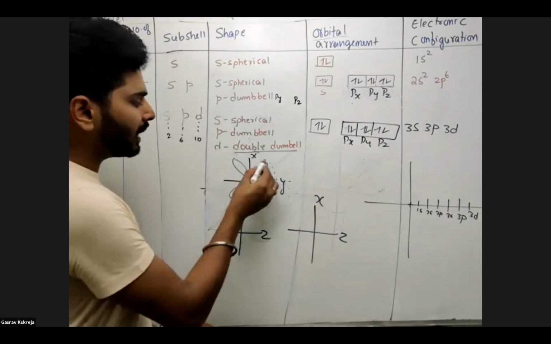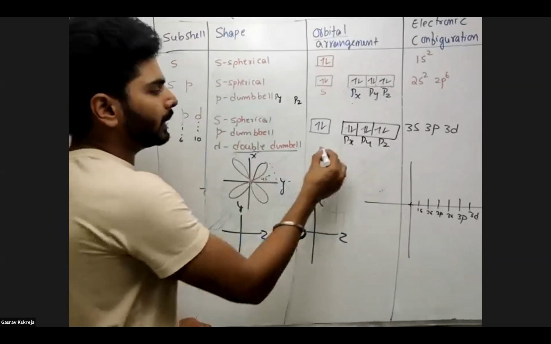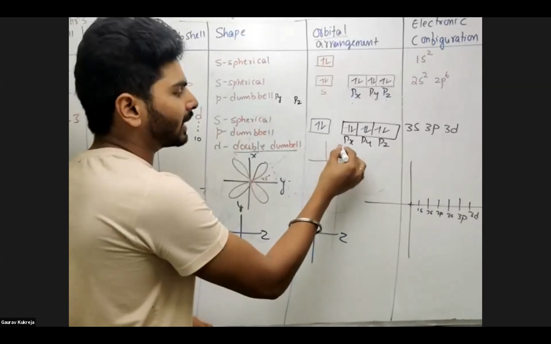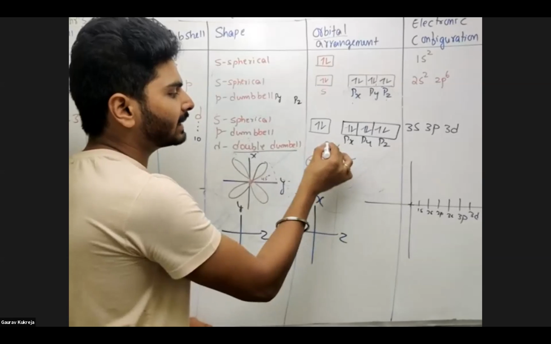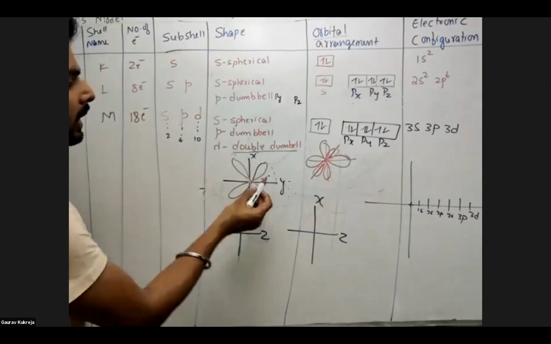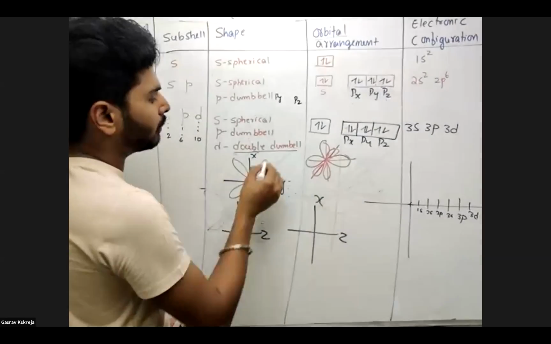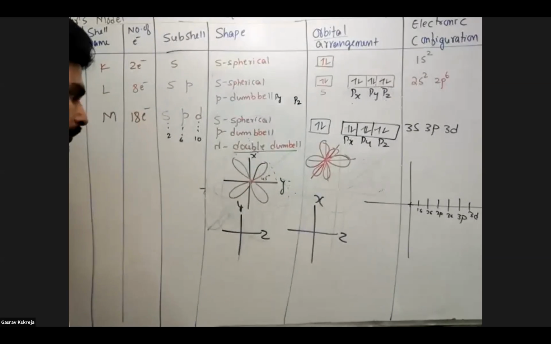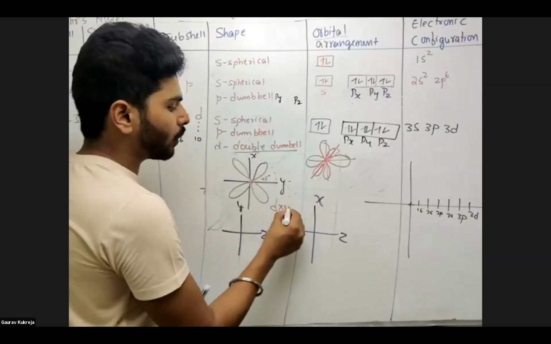So they are placed on the planes. In the case of P, we have kept them along the axis itself. So axis के ऊपर ही draw किया था. But here they are not on the axis, they are on the planes, but 45 degree away from the axis. So since it is xy plane, this will be called as dxy.